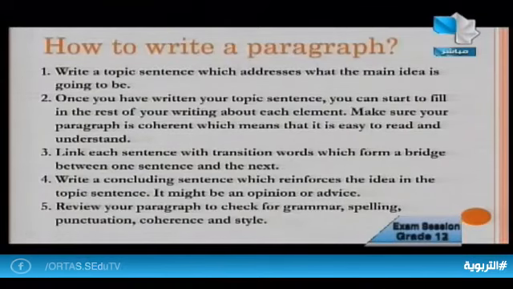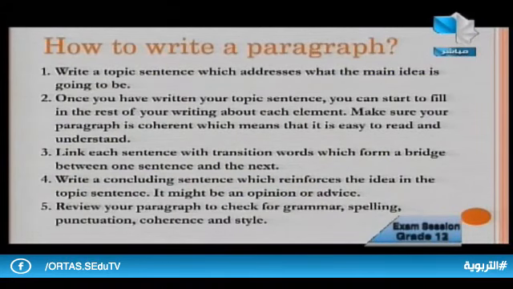So let's try to read the final slide, please. How to write a paragraph. As I said, number 1, write a topic sentence which addresses what the main idea is going to be. Number 2, once you have written your topic sentence, you can start to fill in the rest of your writing about each element.